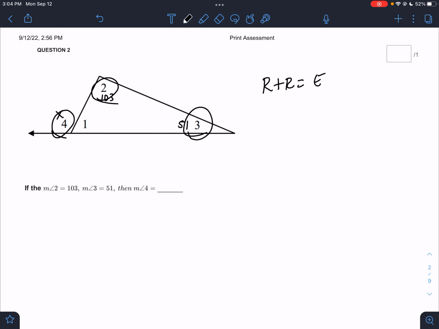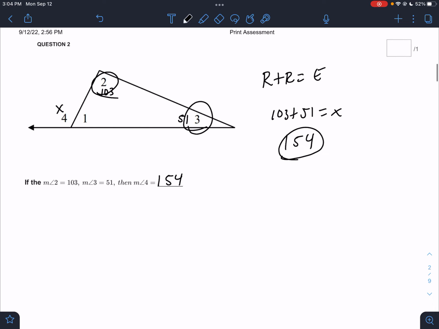So I would say that 103 plus 51 has to equal x. So that would be 154. It's not the only way to do it, but that's the way to do it using our new rule.